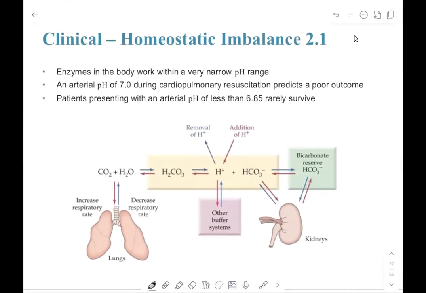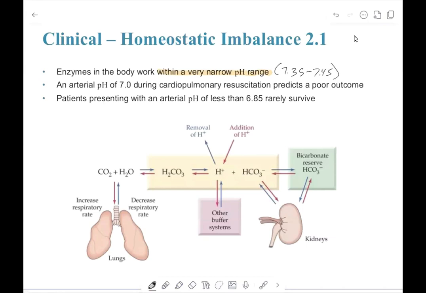So in this example, which you don't have to know the buffer system now, you'll learn about these next semester in A&P2, but you need to know what a buffer system is, what the purpose is. It protects against large pH changes. And there are enzymes that work in the body only within a very narrow pH range, again, of 7.35 to 7.45.